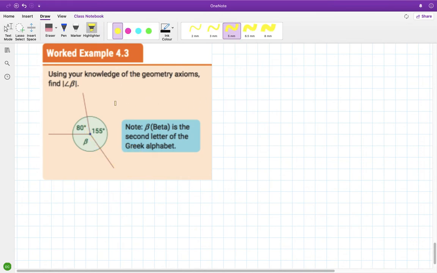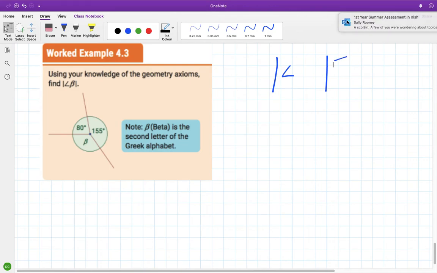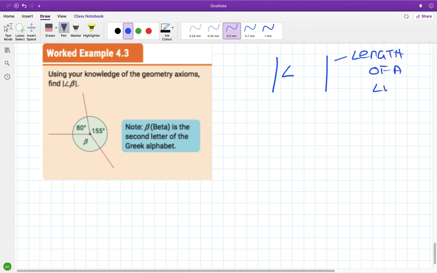Oh, yes. Okay. Now, using your knowledge of geometry axioms, find the angle. Now this thing here you won't have seen before, I don't think. So we know that this little thing here means the angle, okay? The two straight lines, I can't remember if we talked about, I think we did, they can be used for the length of a line, those straight lines.